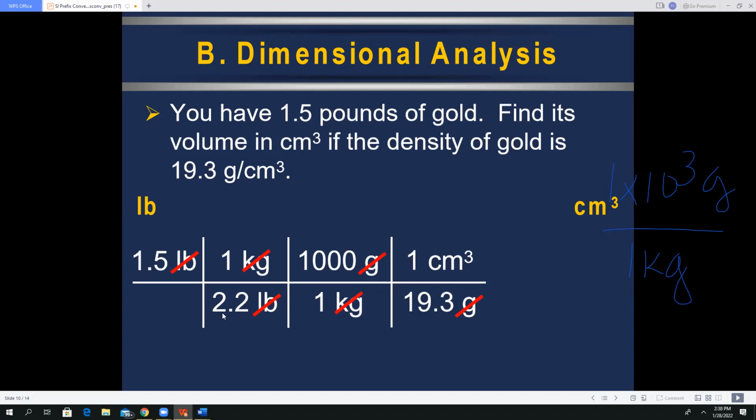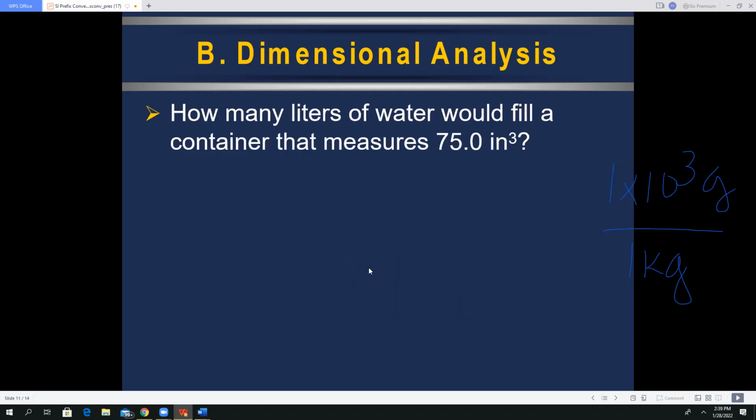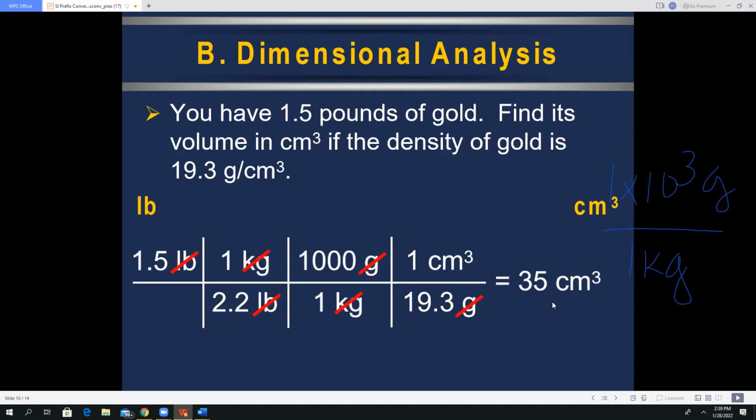And I get 35.3233. Okay, we only have two sig figs. So 35.33 is going to be 35, right? That's our answer. There you go. 35 centimeter cube. See?